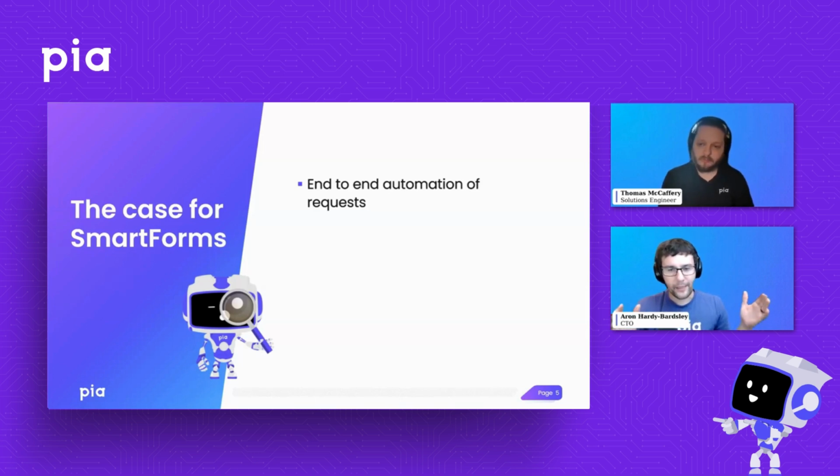When we talk about the end-to-end automation of a request, we're talking about effectively the life cycle of a ticket coming through, from when that ticket is captured and the information is sent in from the client, through to the triaging of that ticket and dispatching of it, and then through to the actioning of that request.